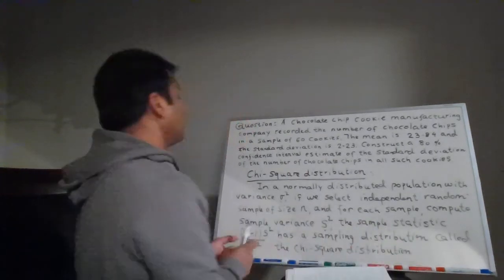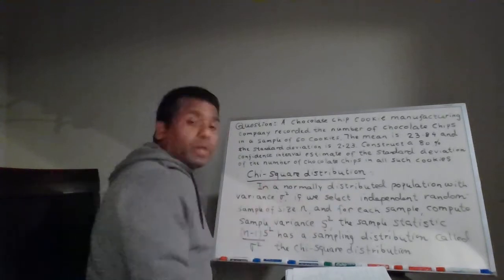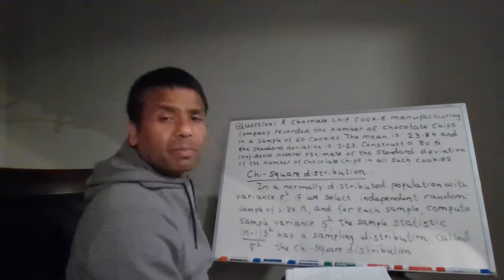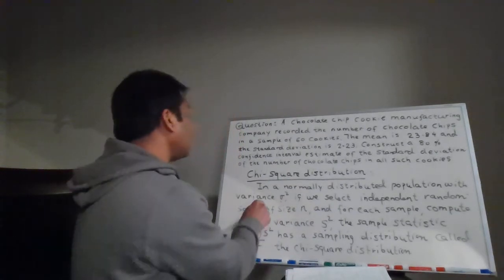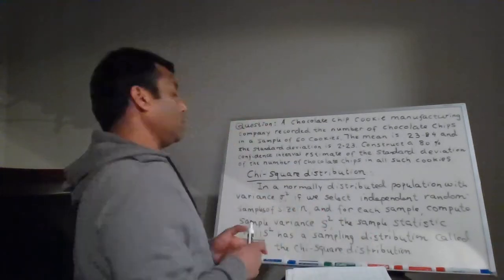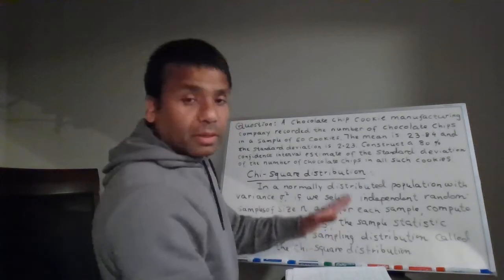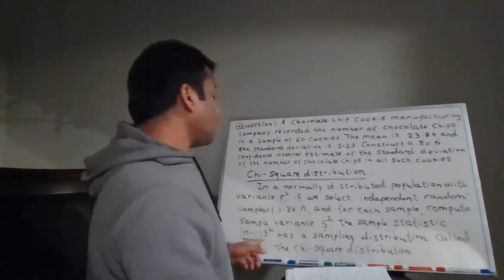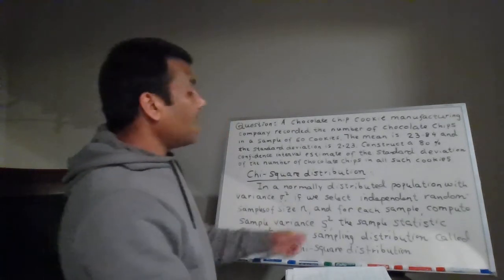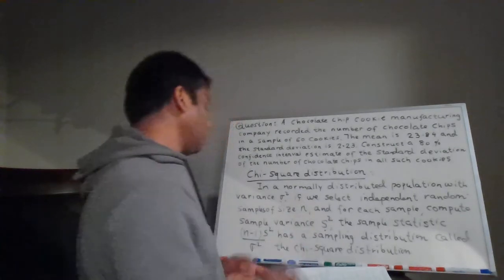Okay guys, so in a normally distributed population with variance sigma square, we select independent random samples of size n. For each sample we compute the sample variance S square, and the sample statistic n minus 1 times S square over sigma square has a sampling distribution which we call the chi-square distribution.